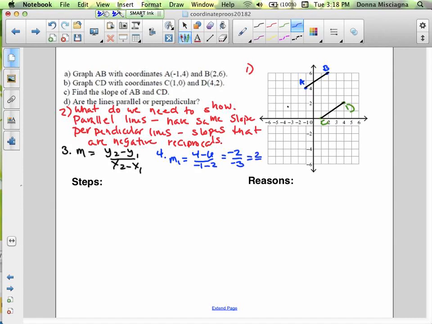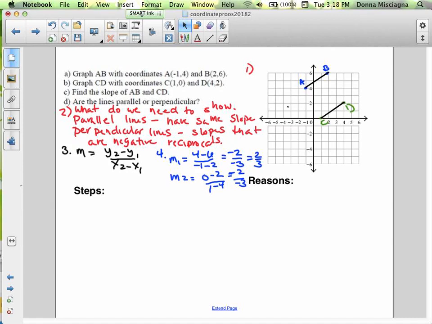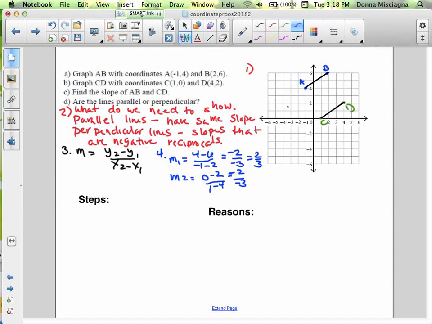That's 2/3. We can cancel out those negatives. The second slope, CD, difference in the y coordinates, 0 minus 2 divided by 1 minus 4. That again would be negative 2 divided by negative 3. And that would reduce to 2/3 as well.